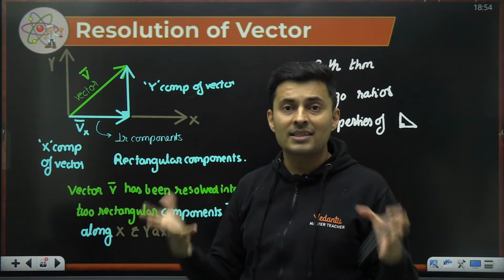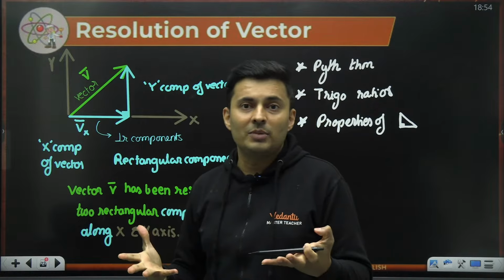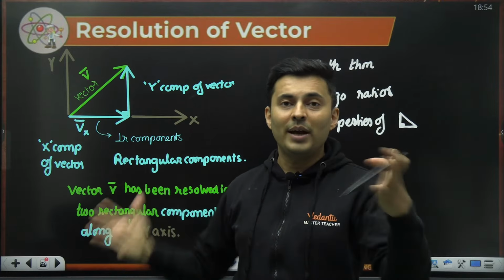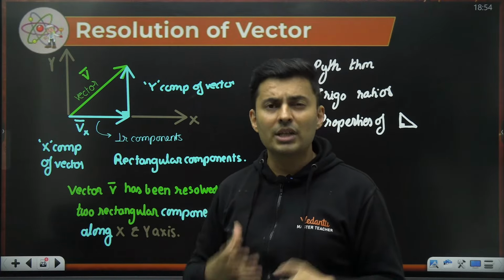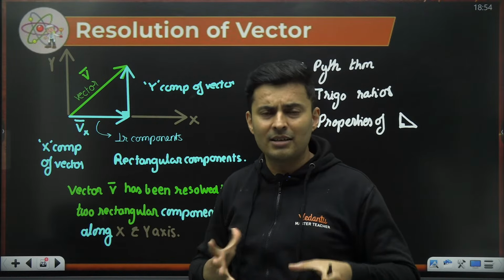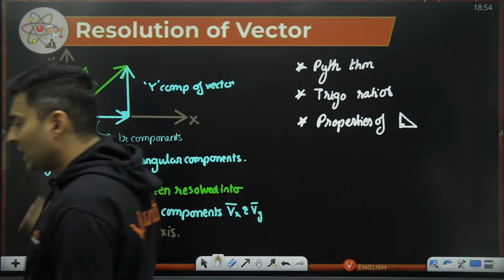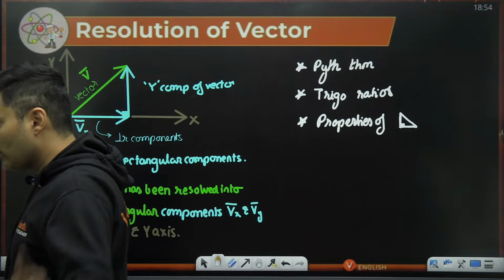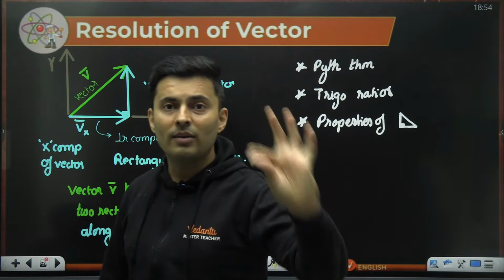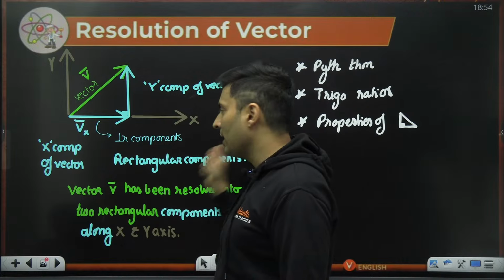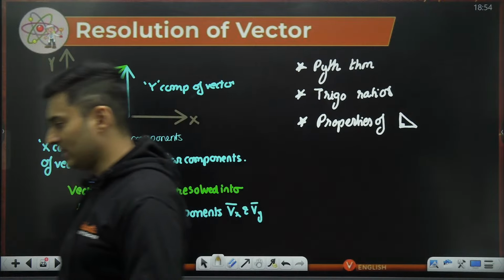All these things suddenly make sense to me that, oh, now I can find out these components. I can use some properties to find out other component or the vector itself. So much of benefit for me. Got it? So that is why we are going to always use perpendicular or rectangular components in our physics.